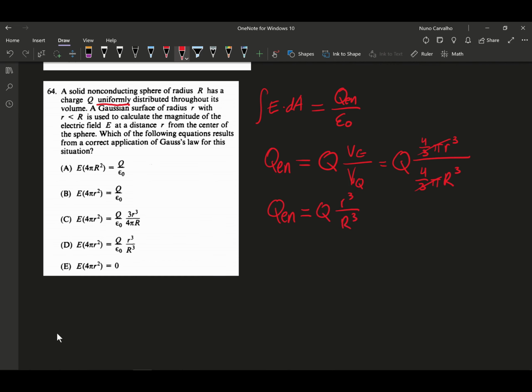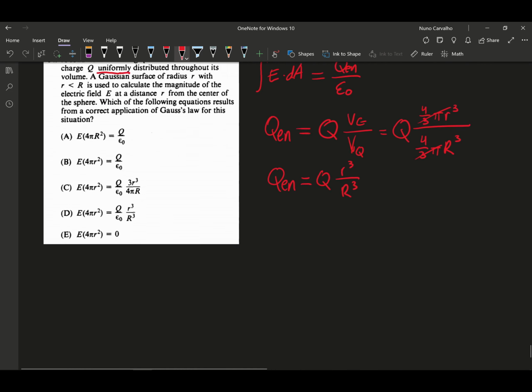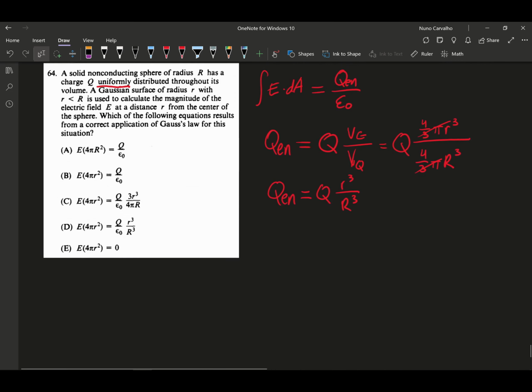Okay, we're not necessarily done yet, though. We just need to think about what this part will be. What is E dot dA? Well, what we're really doing here is we're looking at the surface area of the Gaussian sphere that we made here, and so the surface area of a sphere is going to be 4 pi and then little r squared here.